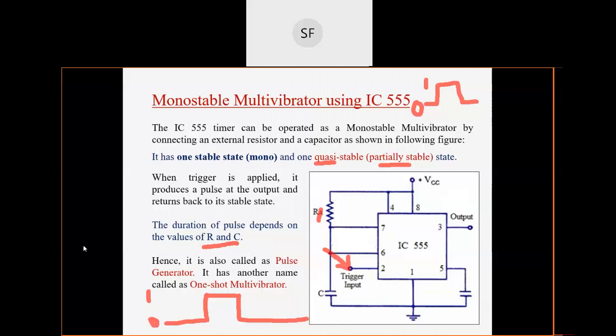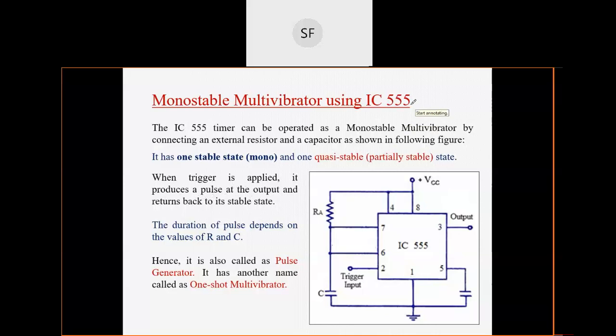So all points I have explained. We will just take a look at it: it has one stable state, mono, and one quasi stable state, which is partially stable. When a trigger is applied, it produces a pulse at the output. So what do you mean by pulse?